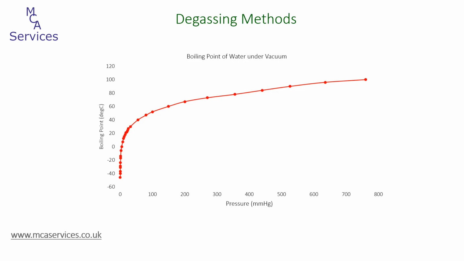The potential benefit of vacuum degassing is evident here. If we look at this graph of the boiling point of water against pressure under vacuum, we can see that as pressure decreases, so too does the boiling point of water. We know that at atmospheric pressure, water boils at 100 degrees.